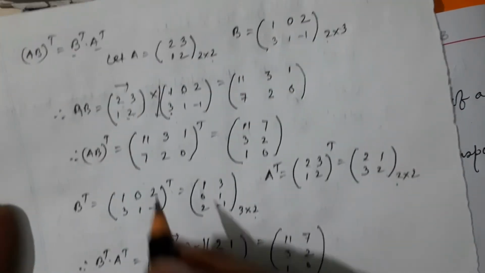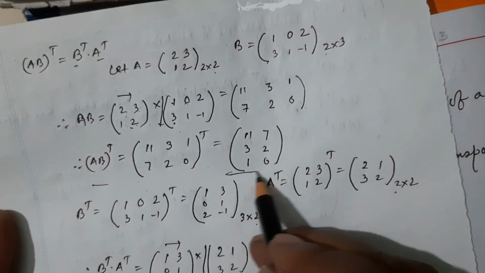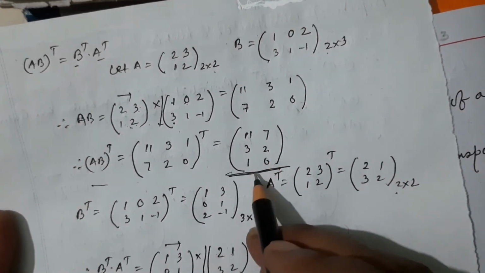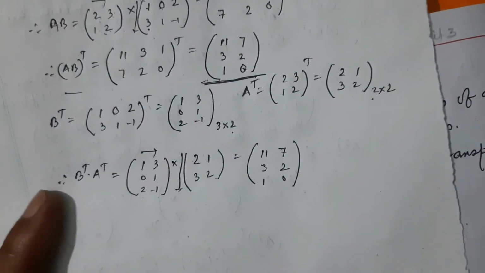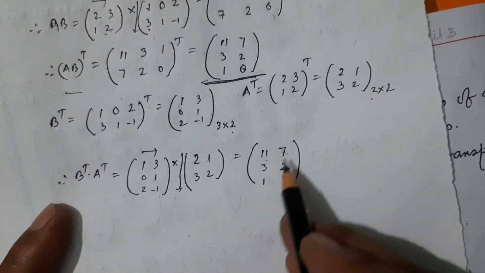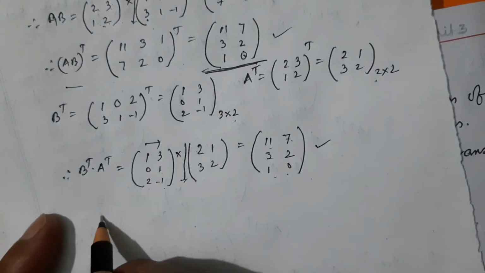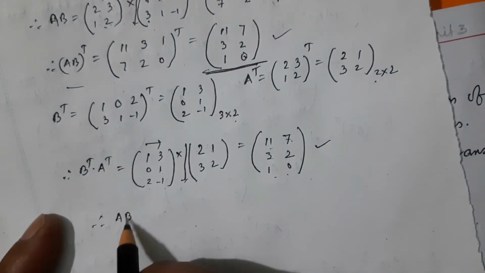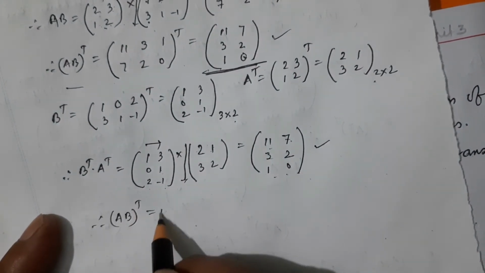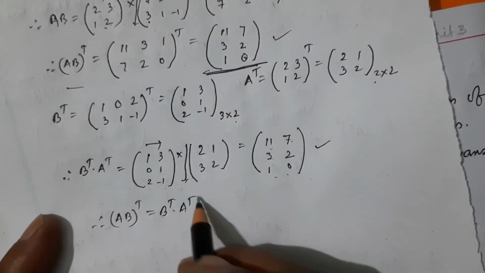So therefore AB whole transpose is [11 7; 3 2; 1 0] and B transpose into A transpose is [11 7; 3 2; 1 0]. So these two matrices are equal. Therefore (AB) whole transpose is equal to B transpose into A transpose.